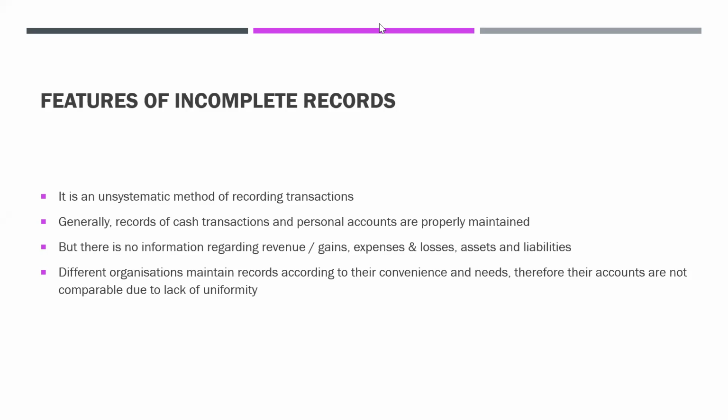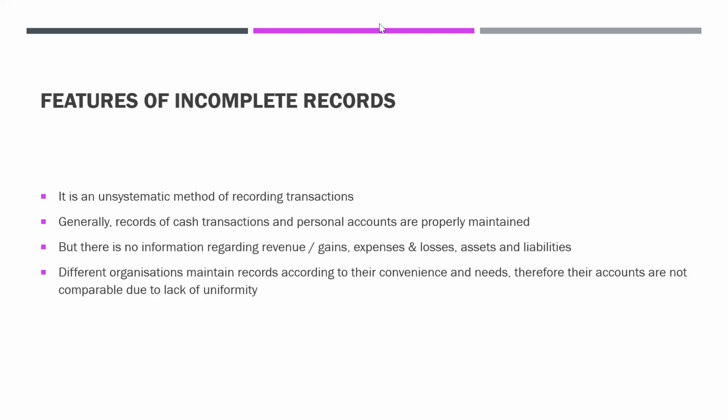All transactions that have happened in the business will be maintained in a notebook or in a diary, related to the important business transactions in a day. Everything date-wise will be maintained in that notebook or diary. Proper systematic accounts are not maintained.